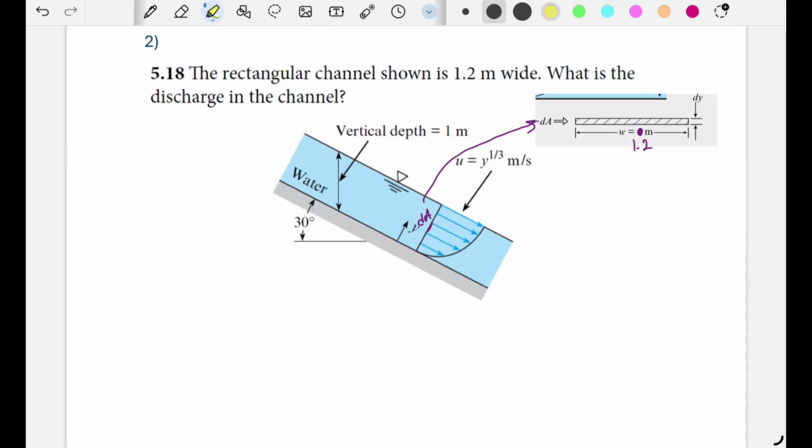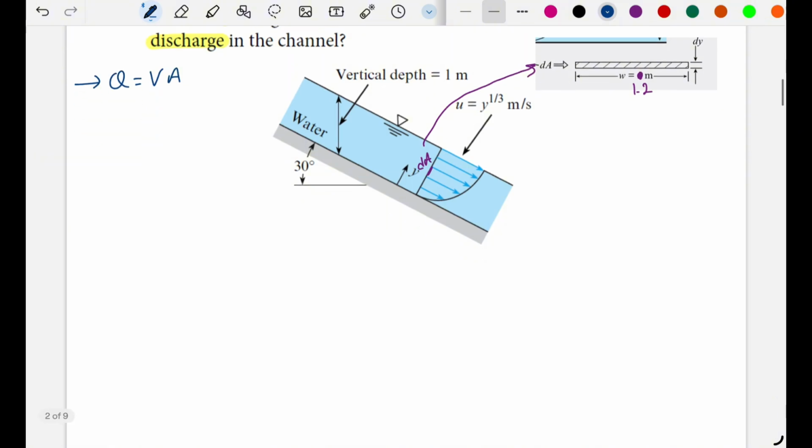Okay, let's continue with question 5.18. We have a rectangular channel. It has a width of 1.2 meter, and we need to find the discharge in the channel. Normally, to calculate the discharge, we use the continuity equation, Q is equal to V times area, velocity times area.